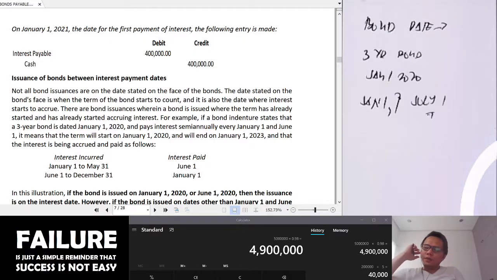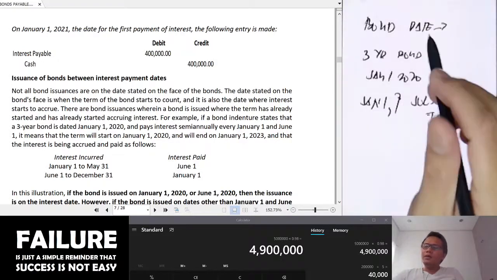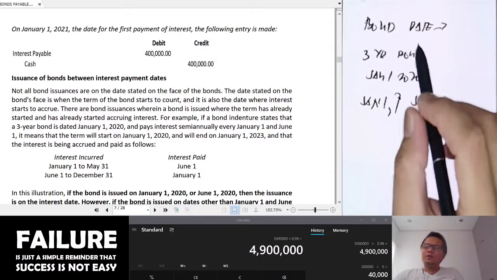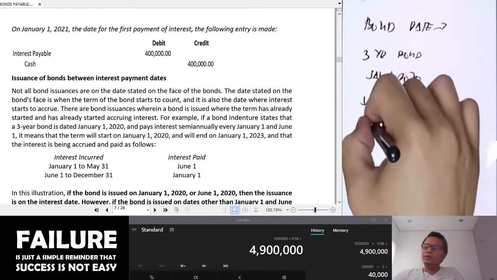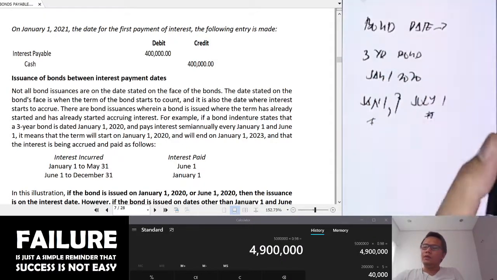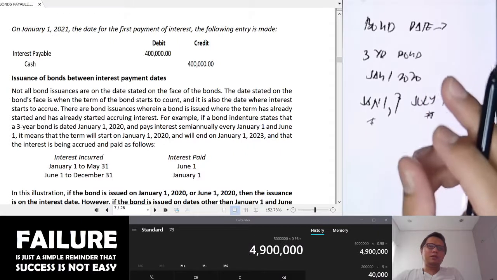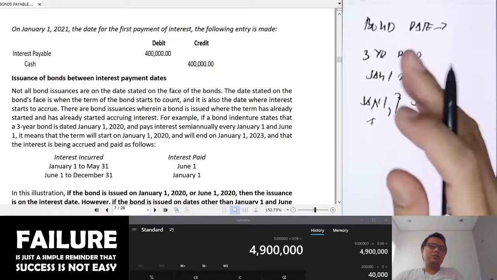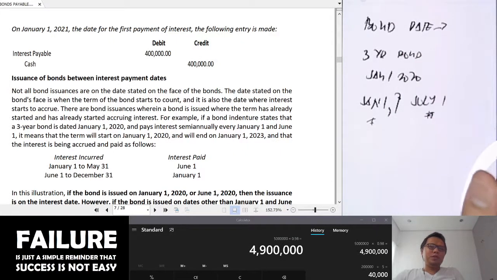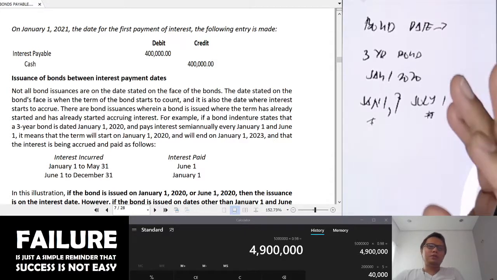So, now, if this bond is issued on January 1 or July 1, the issuance basically is issuance on interest date. So, kumbaga, parang normal issuance tayo dito. Normal recognition.